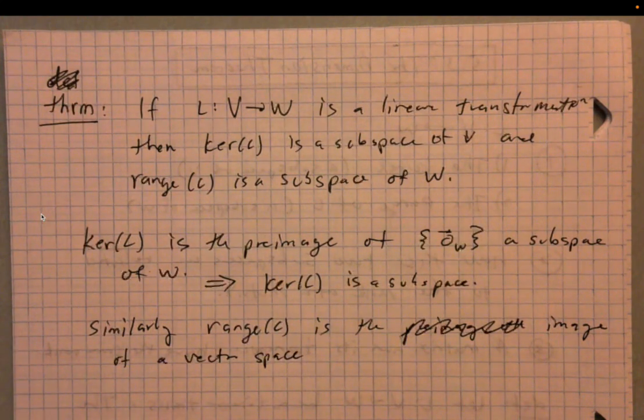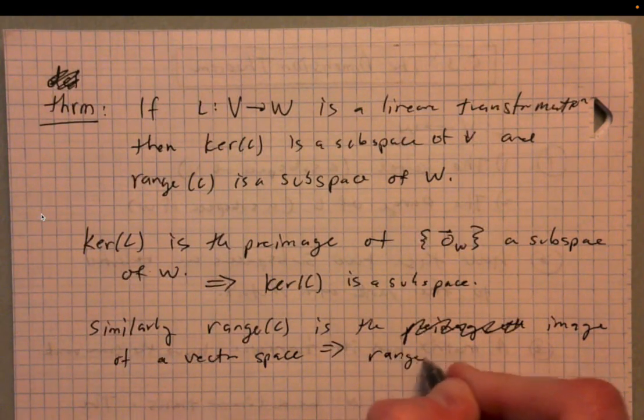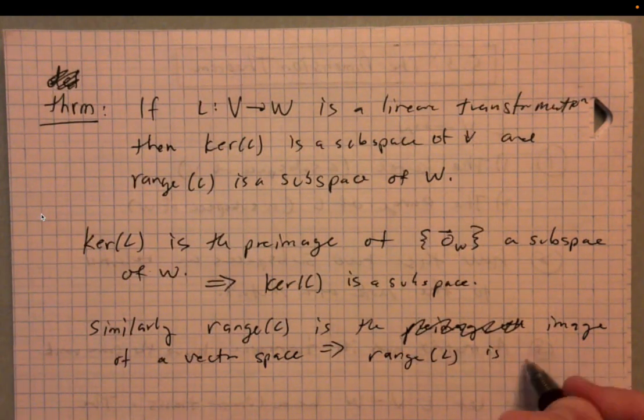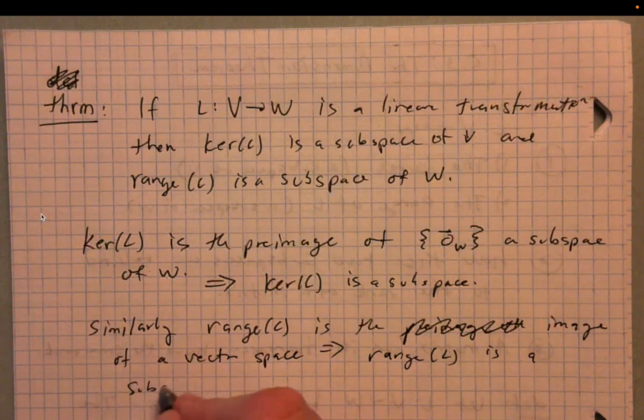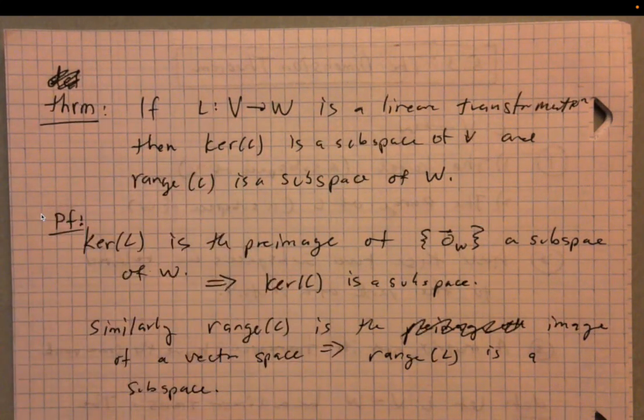And so for that reason, the range is a subspace as well. Okay, that's basically what the proof looks like. I'll just put proof here, even though it's a little conversational, but you get the idea. It follows directly from this other theorem. Okay, excellent.